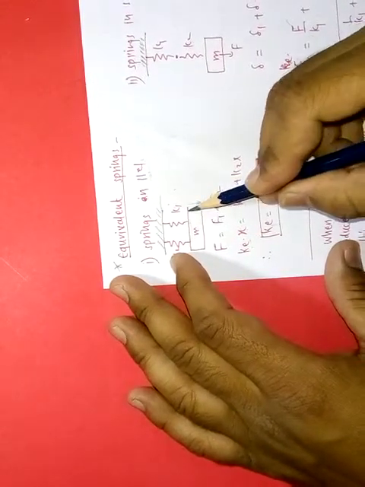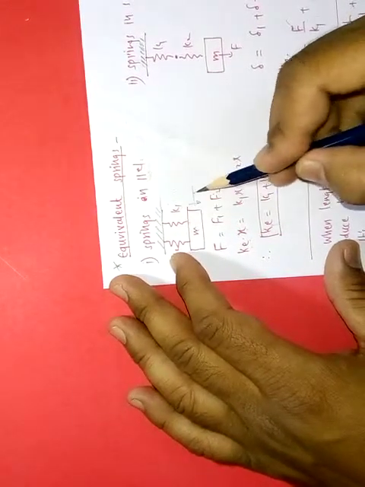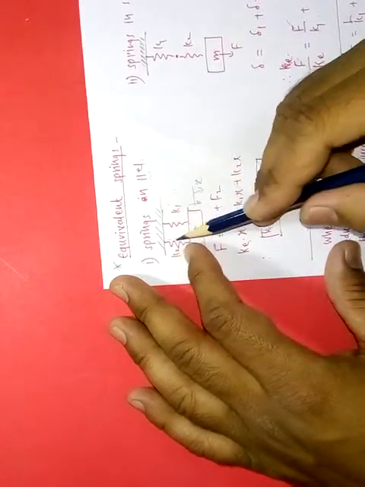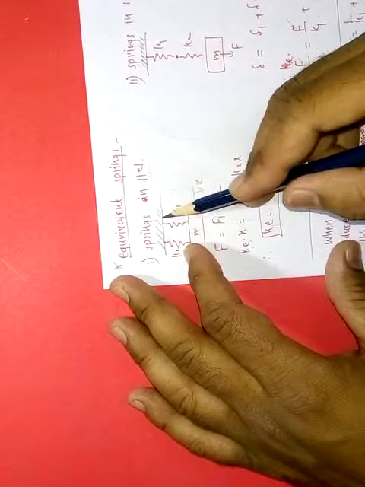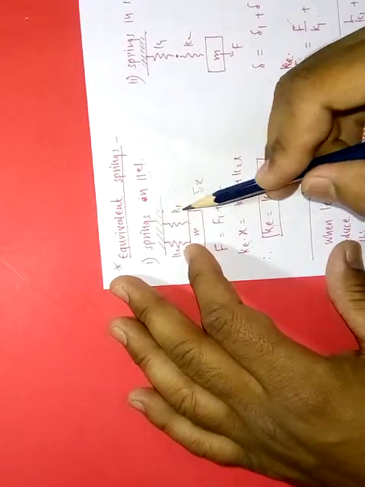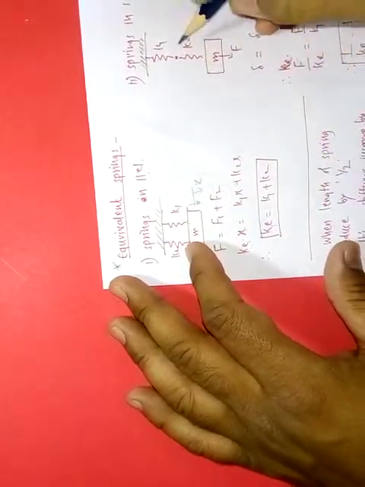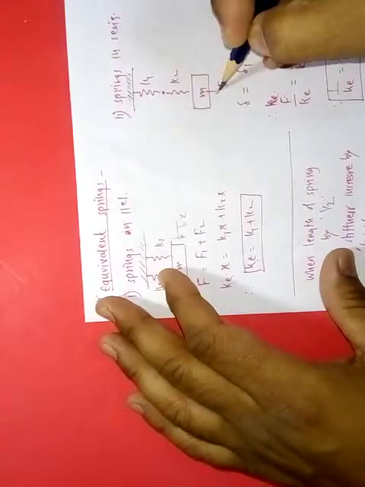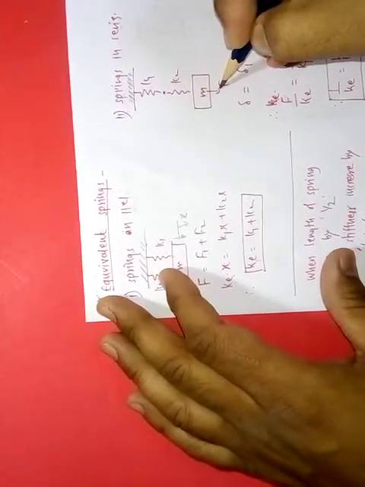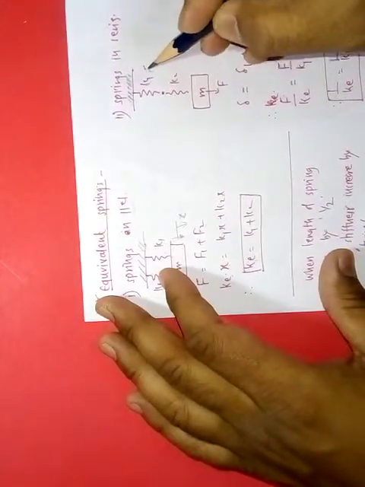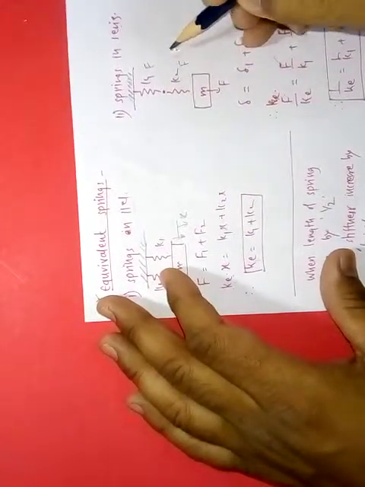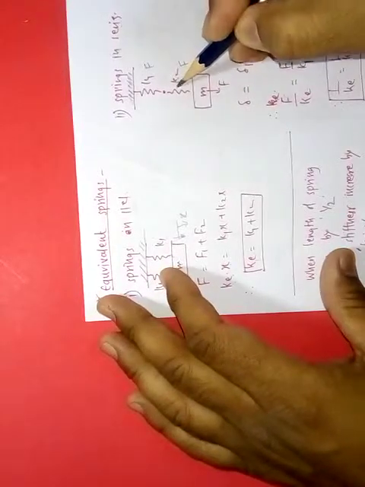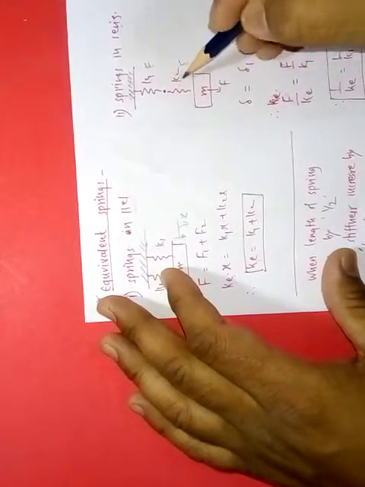When the arrangement is in parallel and we deflect this mass by an amount say x, then here also deflection is x, here also deflection is x. So deflection is the same. In case of series, when we apply some force, this force will be equally applied on the first spring and second spring, but total deflection of the spring is the sum of deflection of each spring.